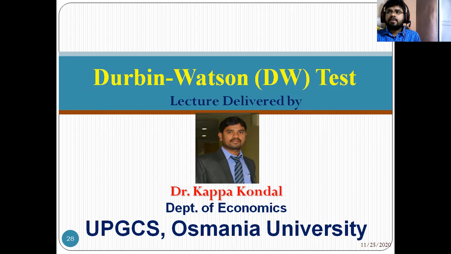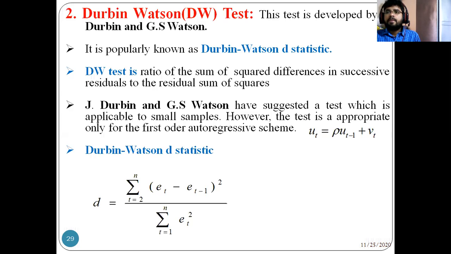So basically, we need to understand what is meant by Durbin Watson, and who introduced the Durbin Watson test. This test was developed by Durbin and G.S. Watson. These two people developed the DW test. Generally, it is popularly known as the Durbin Watson D statistic.